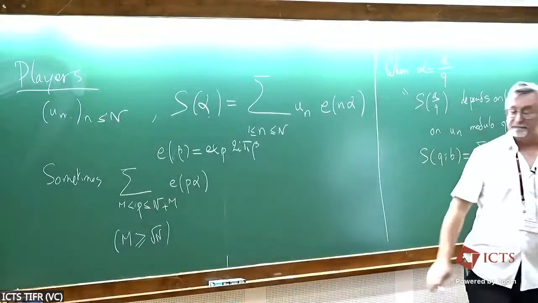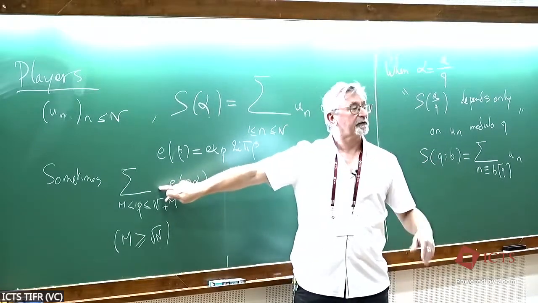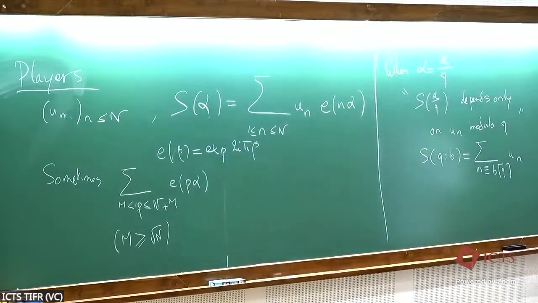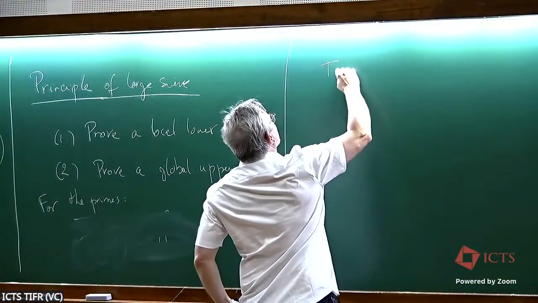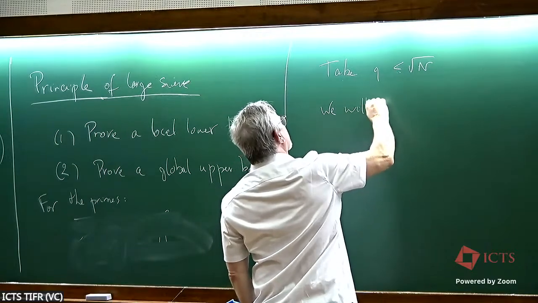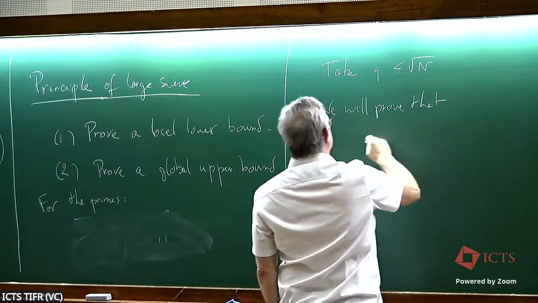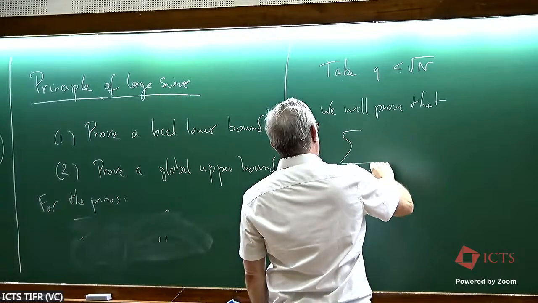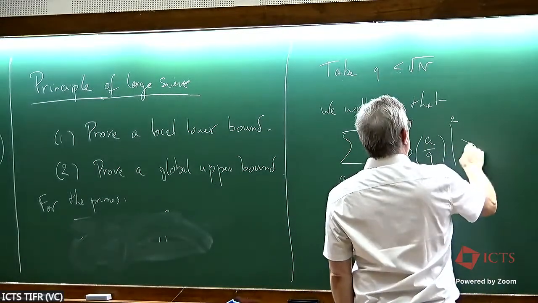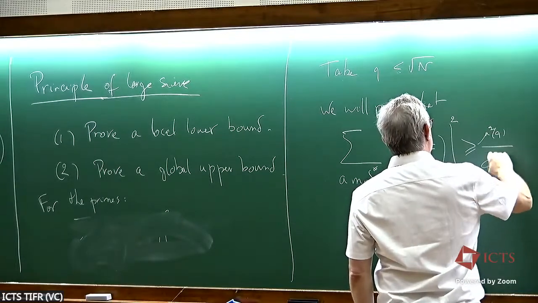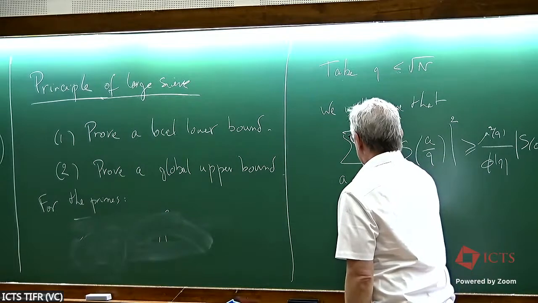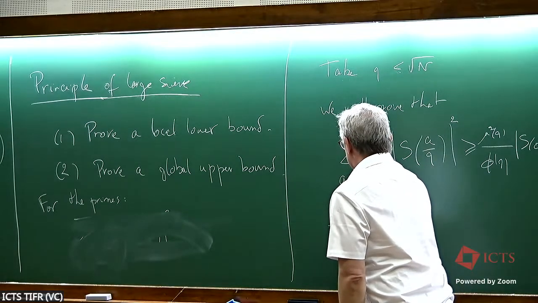The advantage is that all these primes are coprime with any integer q which is less than square root of N. So for the primes, take q strictly less than square root of N. We will prove, in the second part of this lecture today, that the sum for a mod* q of S(a/q) is larger than μ²(q) upon φ(q) times |S(0)|². Here the sum is over 1 ≤ a ≤ q with a prime to q.